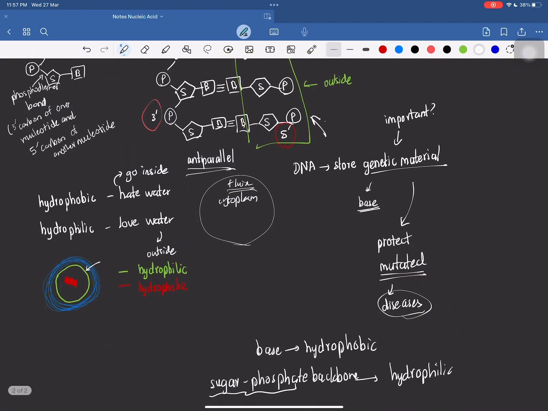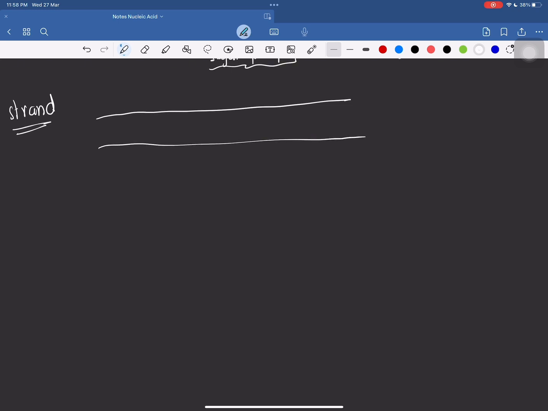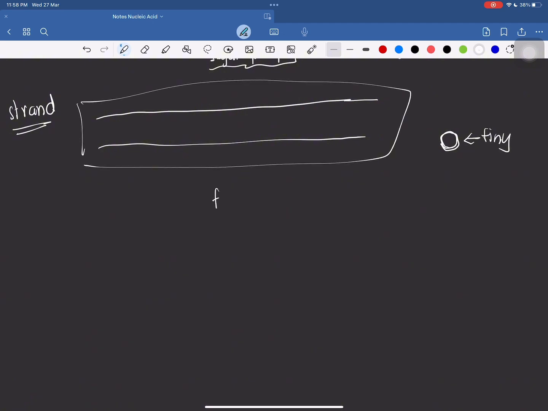Just now, whatever I said is just a strand. You cannot keep the strand like this. The cell is very, very tiny. You cannot keep the whole strand without folding, so we need to fold them.